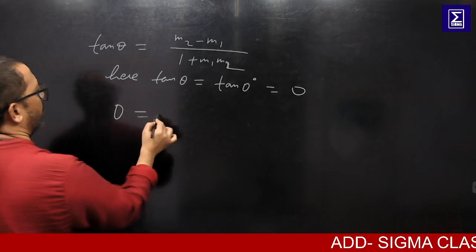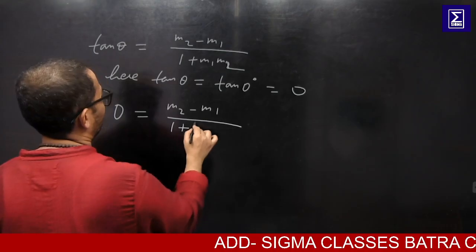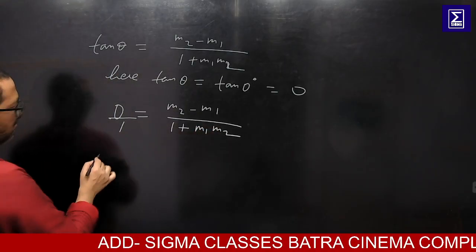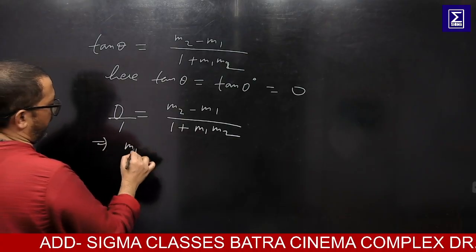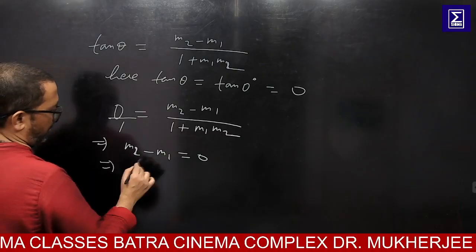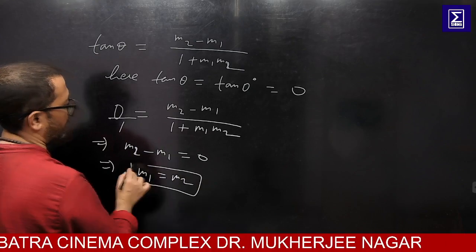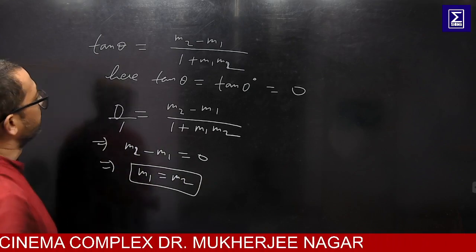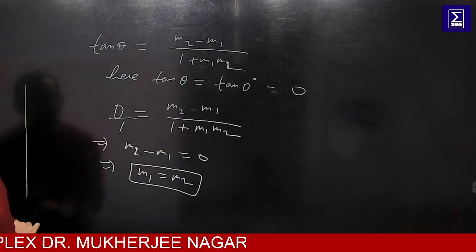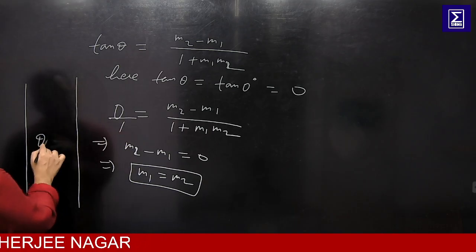So 0 equals m2 minus m1 upon 1 plus m1 m2. Now do the cross multiplication. m2 minus m1 is equal to 0, so m1 is equal to m2. And when will tan theta be 0? When the lines are parallel. These two lines are not intersecting, which means theta is equal to 0 degrees.